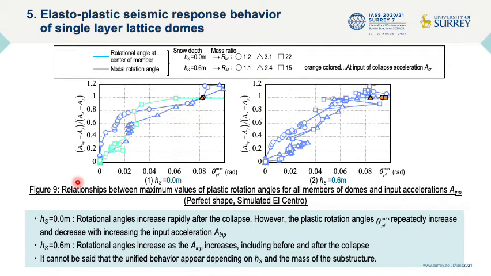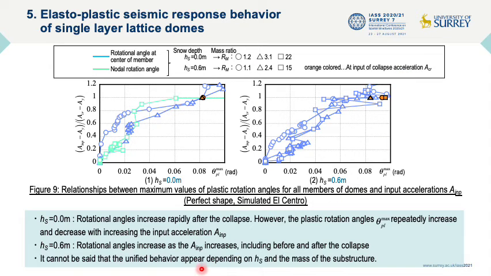Next, the relationships between maximum plastic rotation angles and the input accelerations are investigated. In the model with HS equals 0.0 meter, the rotational angles increase rapidly after the collapse. On the other hand, at HS equals 0.6 meter, the rotational angles increase as the input accelerations increase.